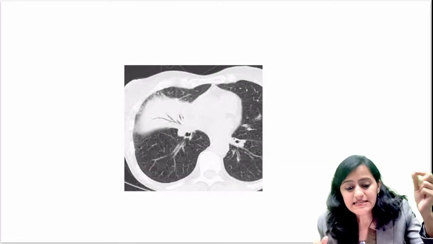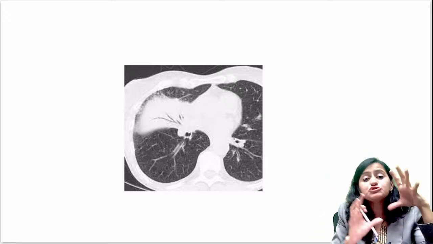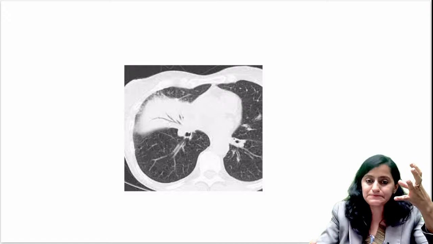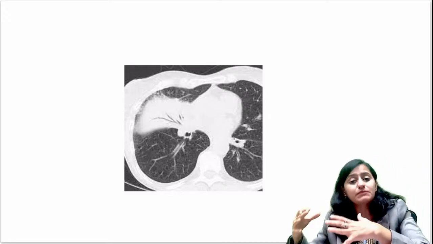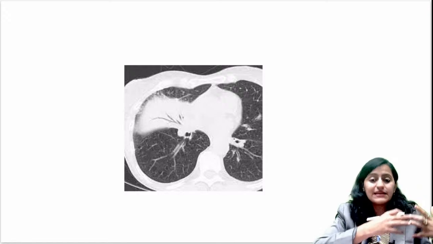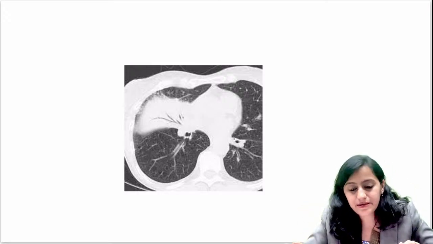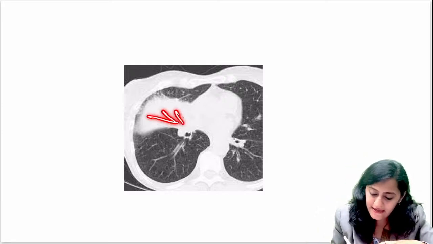Silhouette sign, Anukriti, Yamini, remember? Silhouette helps you to localize the pathology in terms of the lobe of the lung, right? So if there is silhouetting of the right heart border, it is right middle lobe. Left heart border is lingula. It helps you to localize which lobe it is, okay? Right. Can you see this black bronchi in this opacity?